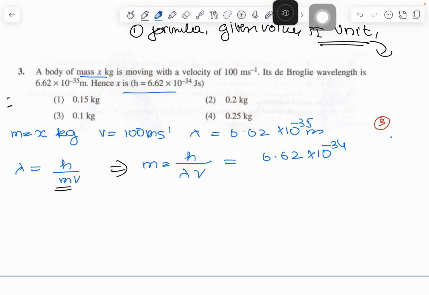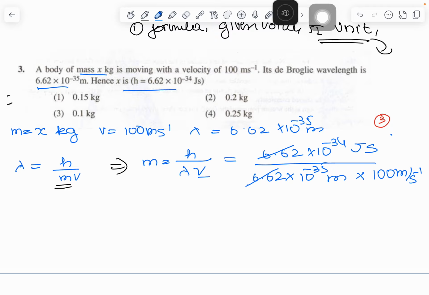Here Planck's constant's unit is joule second. Now lambda is given, that is 6.626 into 10 to the power minus 35 meter, and velocity is given as 100 meter per second inverse. Now this 6.626 cancels out, and that will be 0.1 into 10 to the power minus 35 goes up, it becomes 10 to the power plus 1.